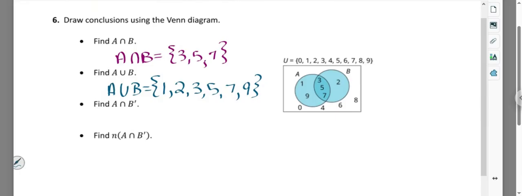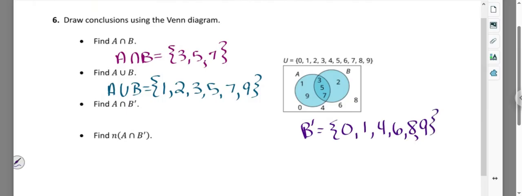So the next two involve the complement of B. So my recommendation is somewhere write what the complement of B is. And that would be any number not in set B. So 0, 1, 4, 6, 8, and 9.